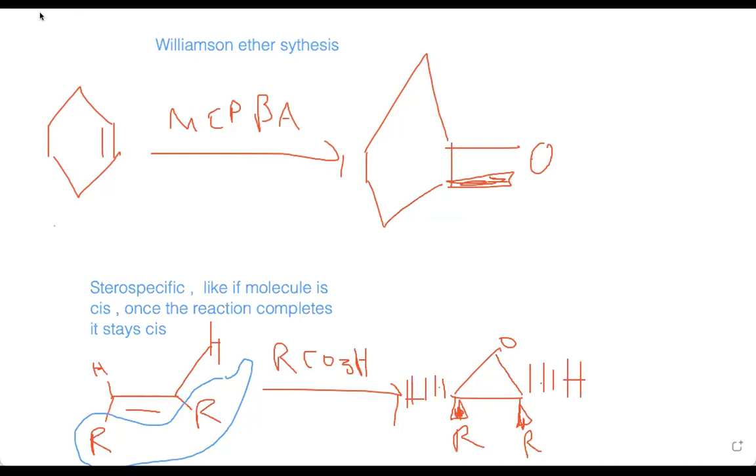And the name of this is, hold on. It's not a Williamson, it's this. So just in case you need to know, it's pretty intuitive, but it's called preparing epoxides using alkenes and peroxy acids.